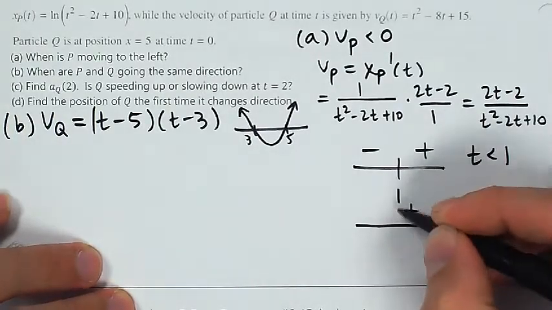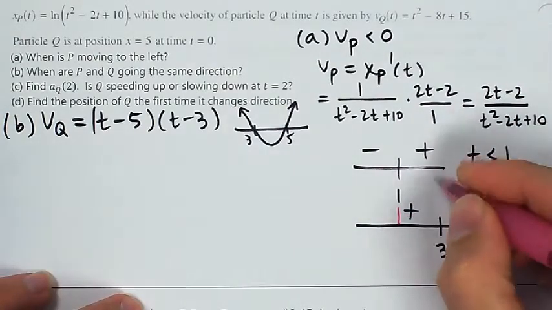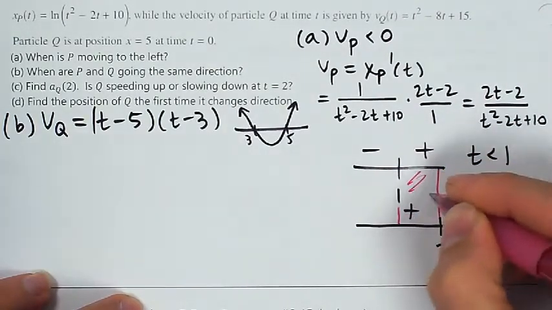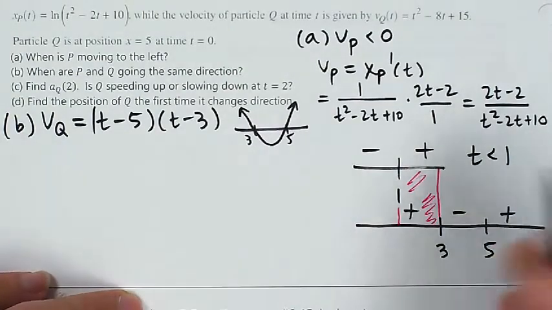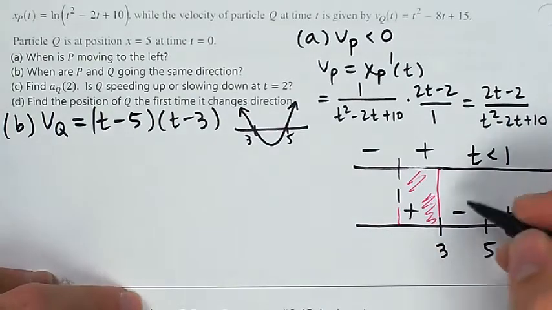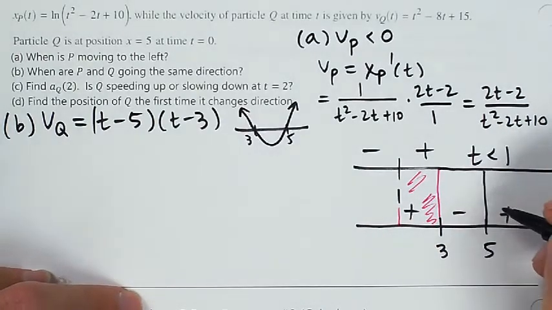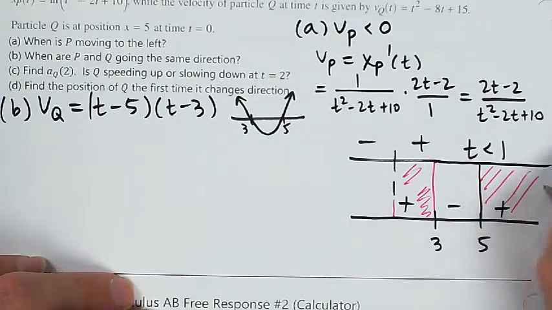And so I'm going to have overlap here between 1 and 3, right, because they're both positive. And then I'm going to have to extend my t-axis for this one. But it's still positive all the way out there. So when t is greater than 5, that will also be a time when the objects are moving in the same direction.